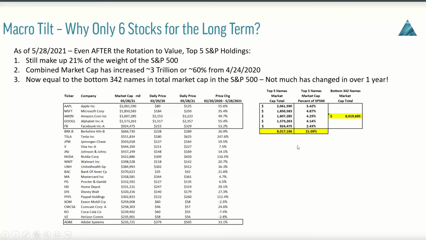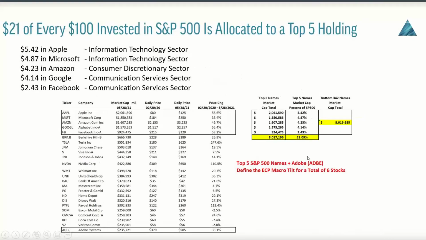So it's a massive, massive bias that is built into the S&P 500 that you have to be aware of, obviously, when allocating assets. So the idea here is that if you invest $100 in the S&P 500, $21 of it right now would be allocated into a top 5 holding.